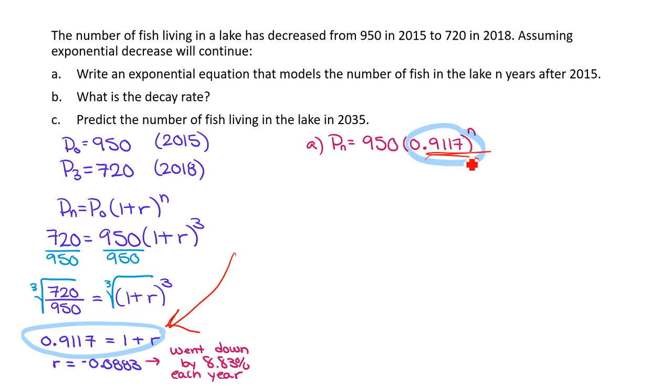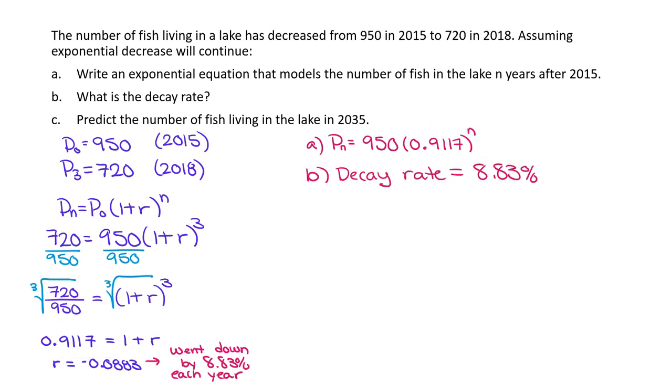So I'm just going to go ahead and plug that in. 0.9117 is my 1 plus r, so 0.9117 to the n. So there's part A, there's my exponential equation. Part B is asking me for the decay rate, and I did already compute that. That's the r value. So the percentage that it's going down by is 8.83%.